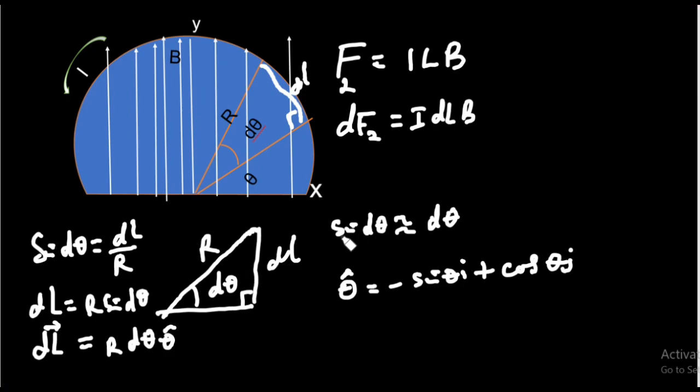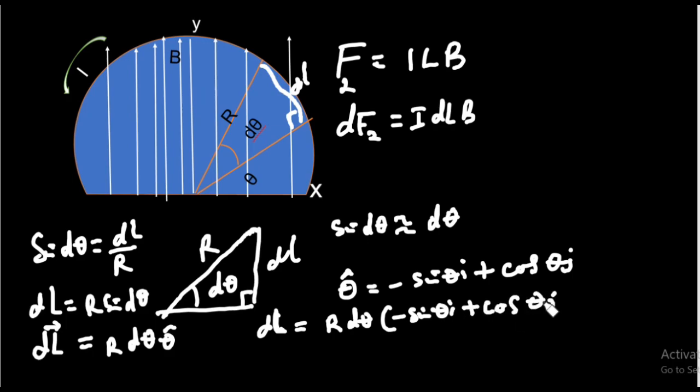So if we take that, the elemental displacement in length will be R times minus sine θ i plus cos θ j. So this is the infinitesimal change in the displacement.